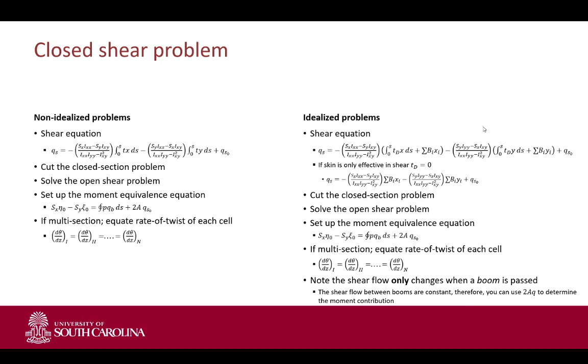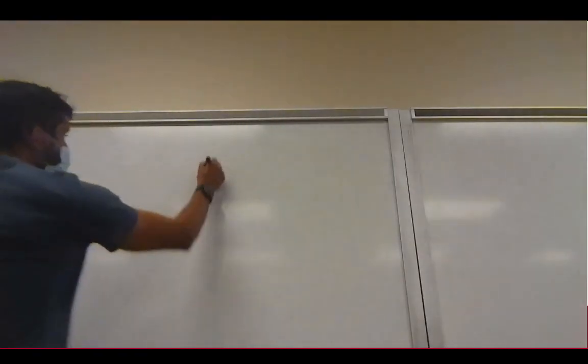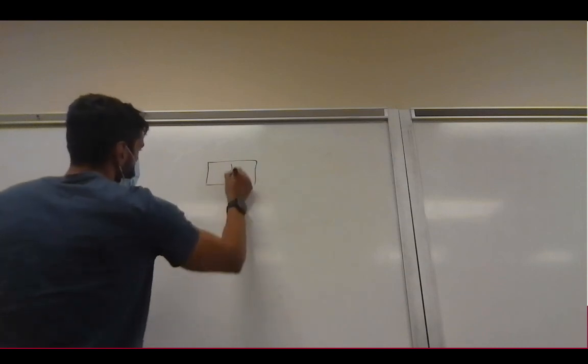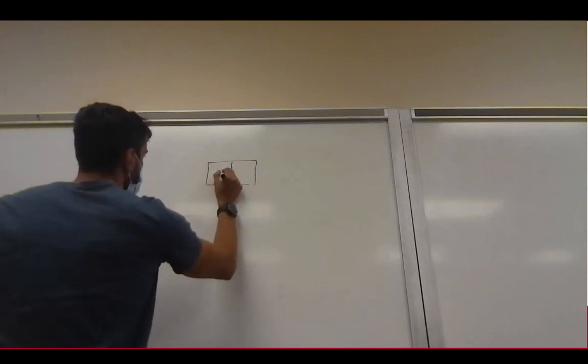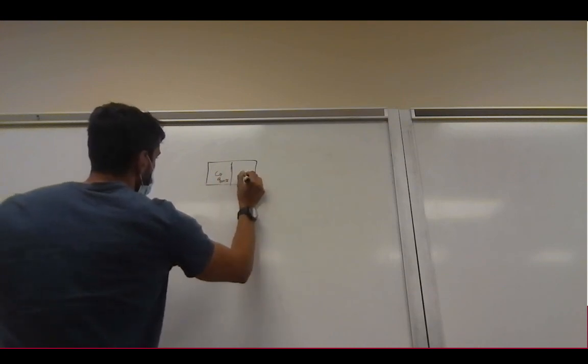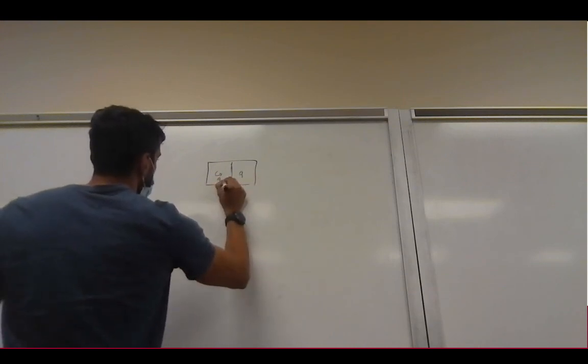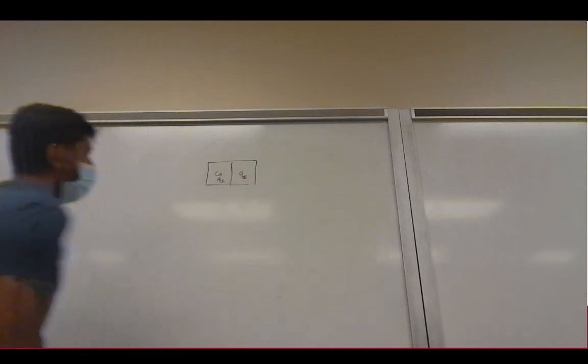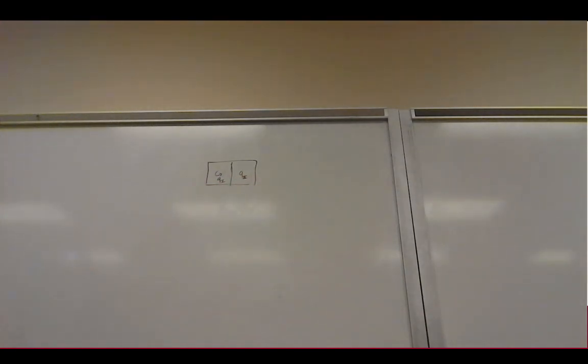Things become a bit more complicated when you have a multi-cell section, because now if you do the moment equivalence, say we have 2 cells. We have a correction shear flow qs0 for each cell, let's call them q1 and q2, or capital I and capital II in Roman numerals.